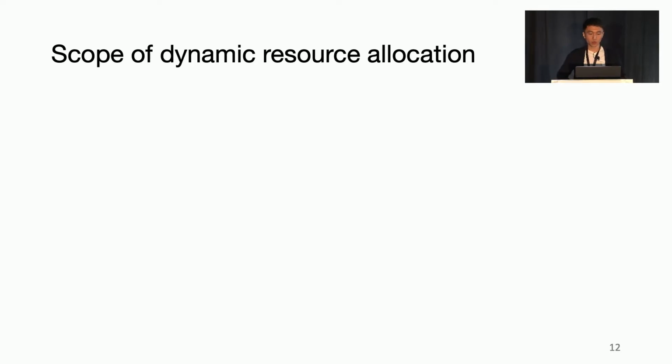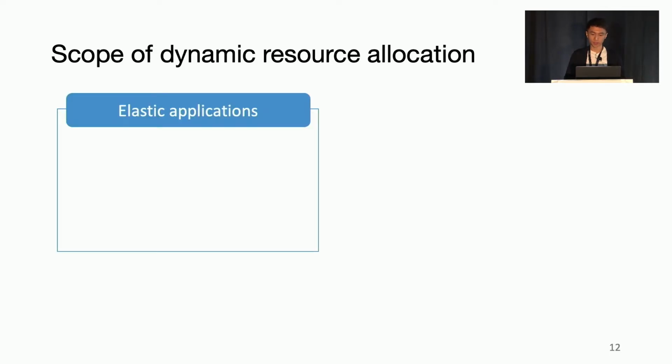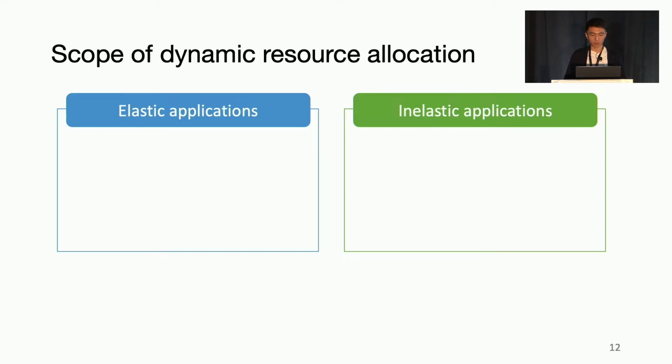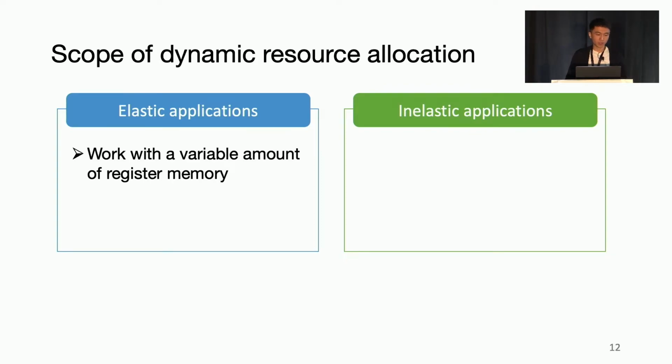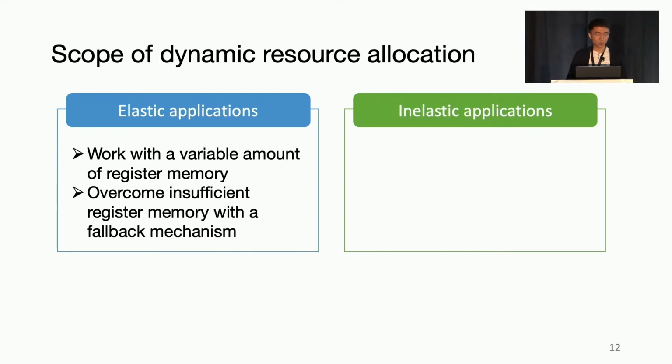At first, we'd like to identify the applications that can benefit from the dynamic resource allocation. Basically, we classify the register stateful applications into elastic applications and inelastic applications. Elastic applications can work with a variable amount of register memory, and they overcome insufficient register memory with some fallback mechanism.